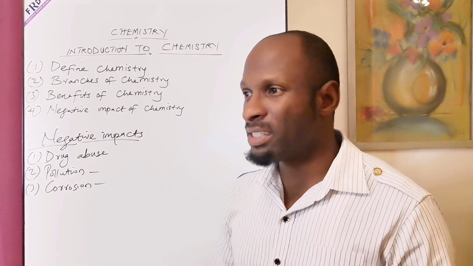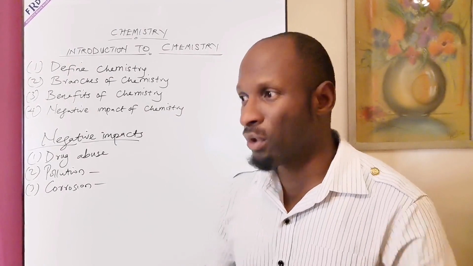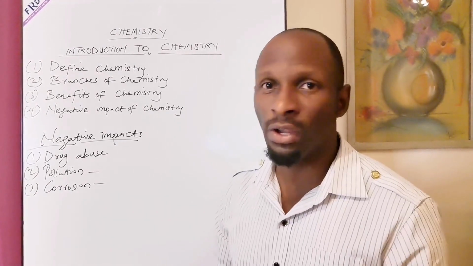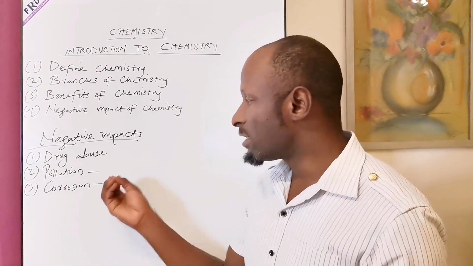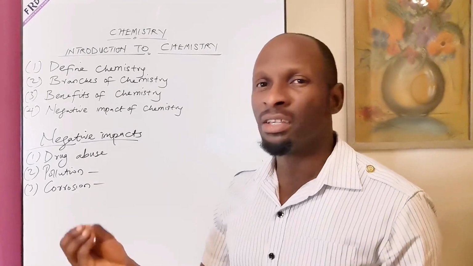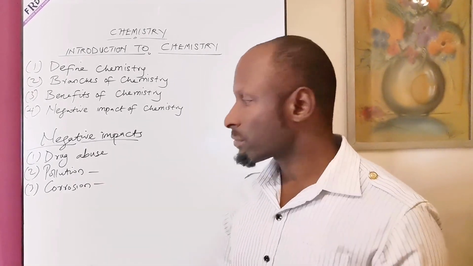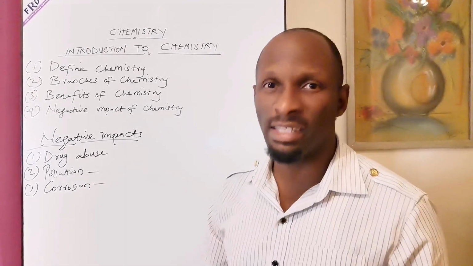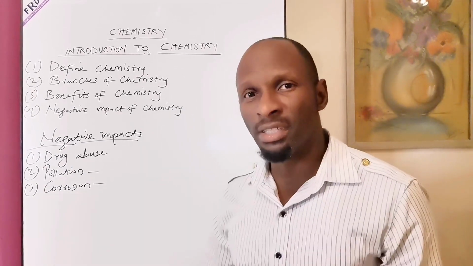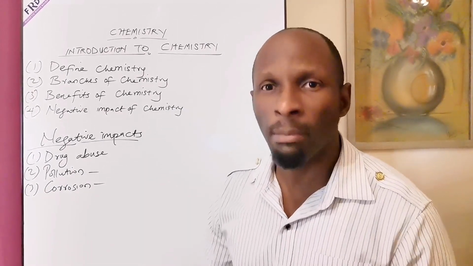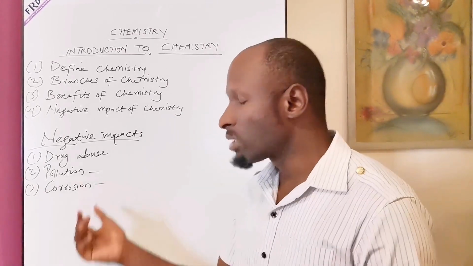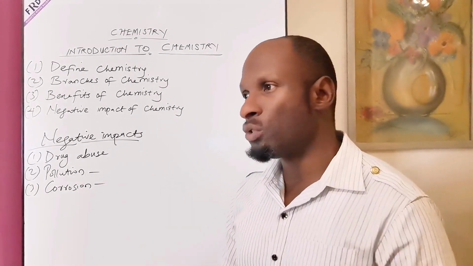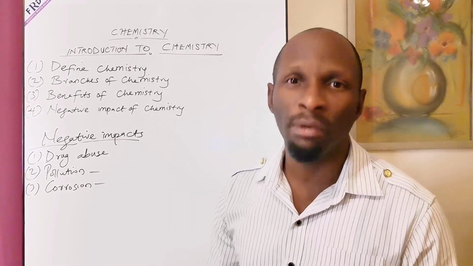You cannot remediate a rusted iron. You cannot get back the iron again. It is gone and gone. And it is usually cost intensive. I mean, it costs you money. It makes you lose some money, because when something corrodes, there is usually a need for it to be replaced.